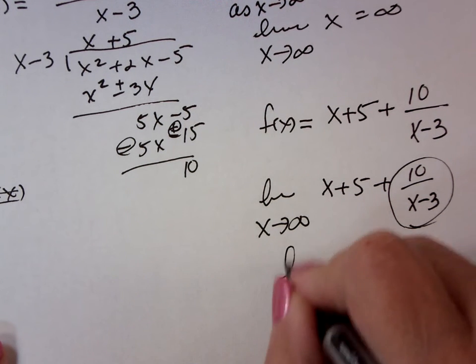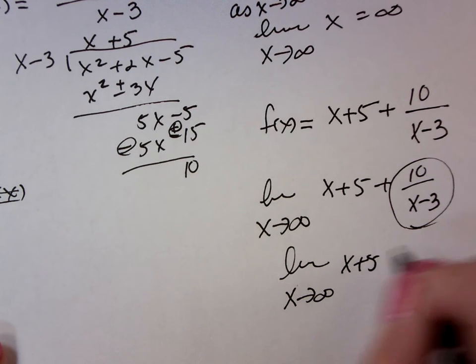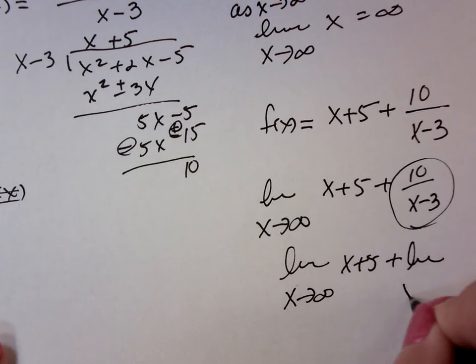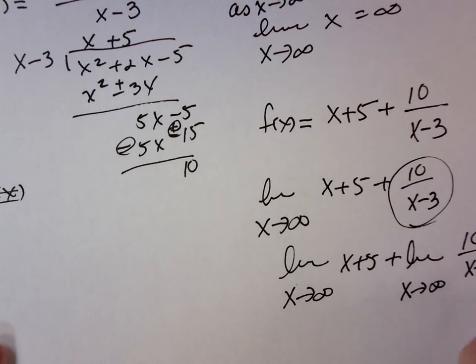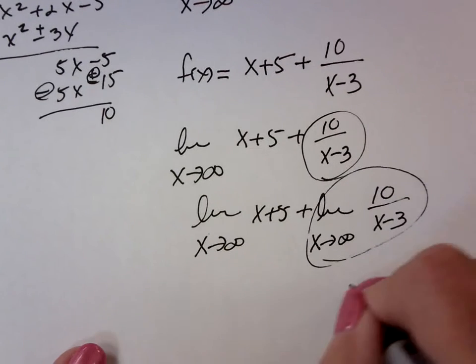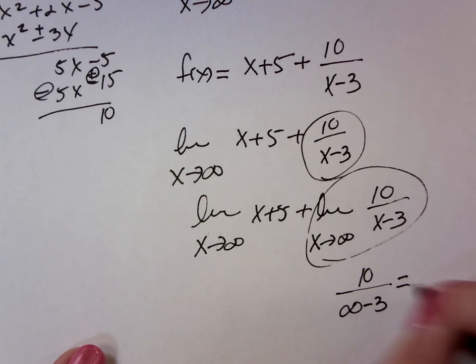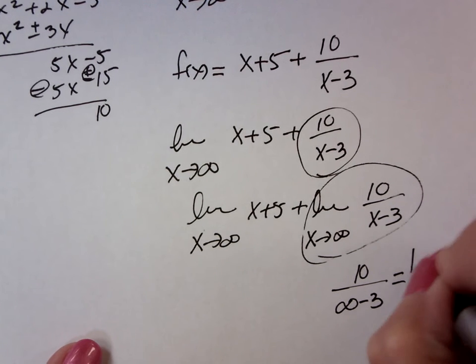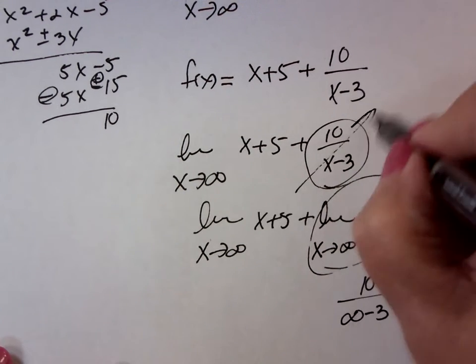Break this up as the limit as x goes to infinity of x plus 5 plus the limit as x goes to infinity of 10 over x minus 3. Where's that go? 10 over infinity minus 3 is 10 over infinity, which is what? 0. This goes to 0.